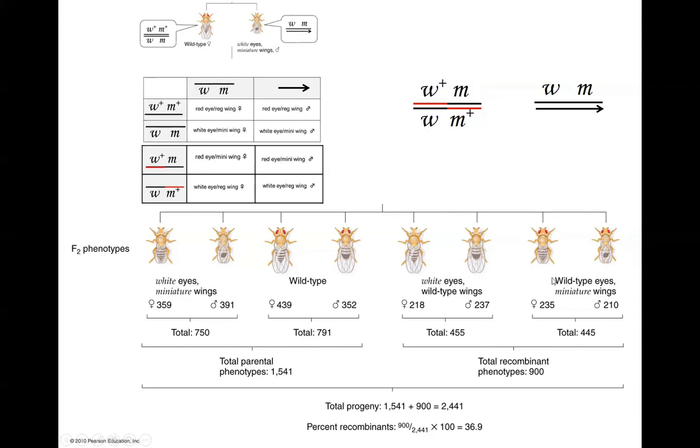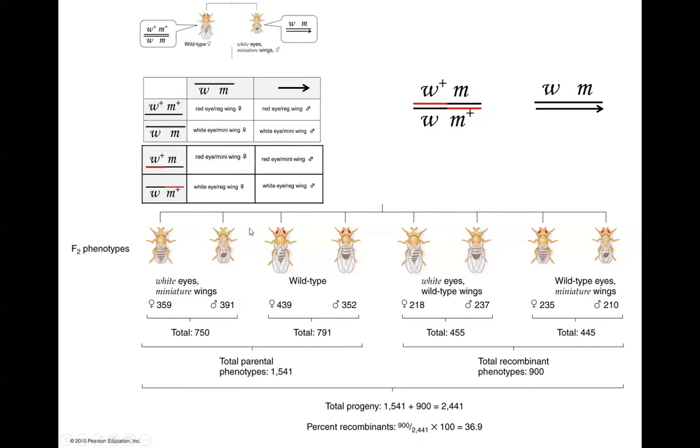Here we go, wild type eyes, miniature wings, and white eye, wild type wings, both male and female. So this gives us those 8, if you're separating out male and female, phenotypic classes that you actually see, and we can break these down into the sort of one-to-one here.